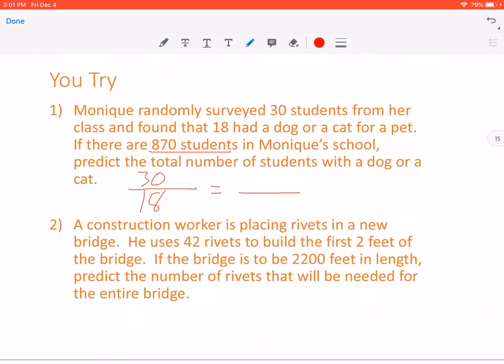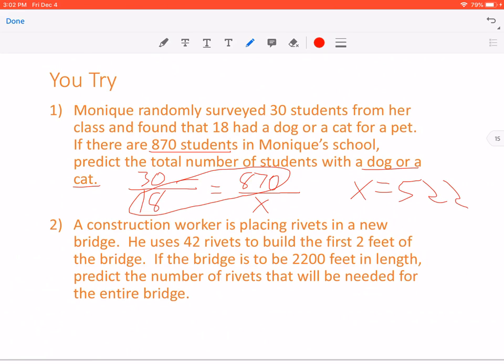If I put students on top for the first one, I need to put students on top for the second one. Predict the total number of students with a dog or cat. There it is right there. So again, just cross multiply. You're really cross multiplying these two and dividing by 30. So 18 times 870 divided by 30, 522.